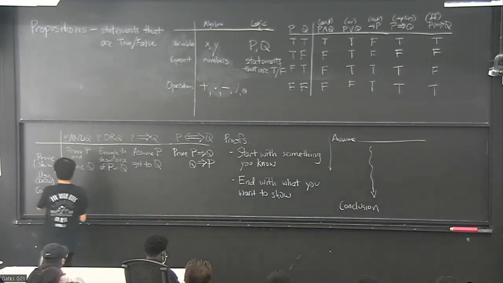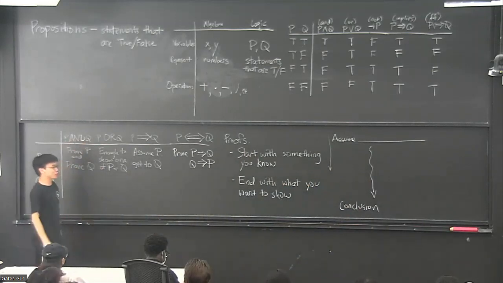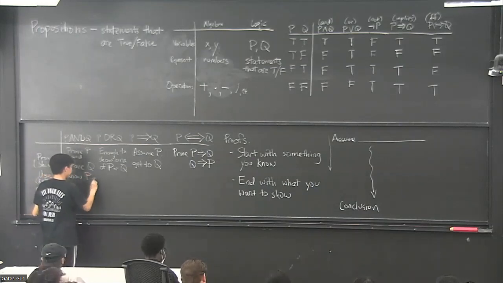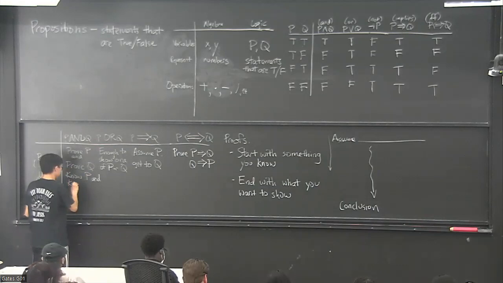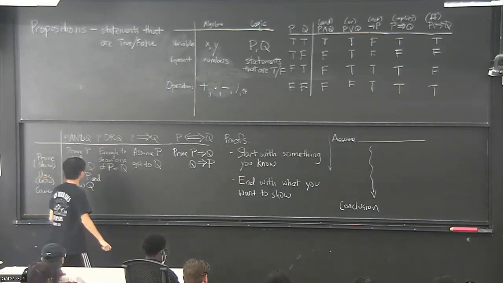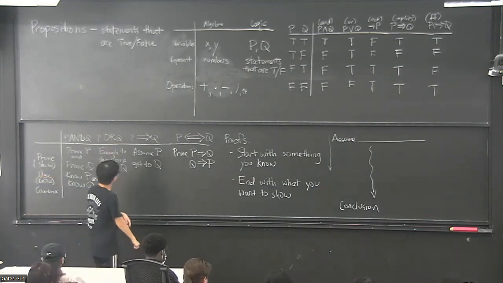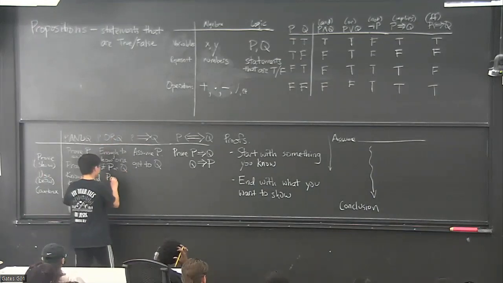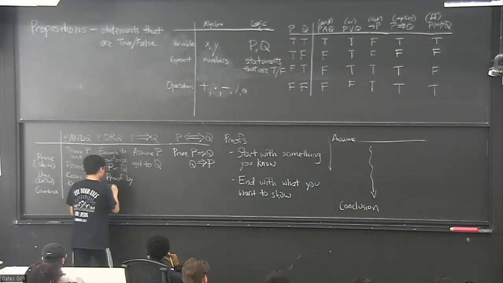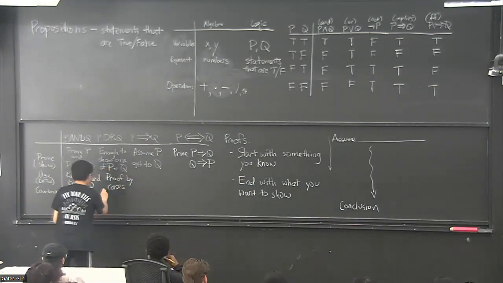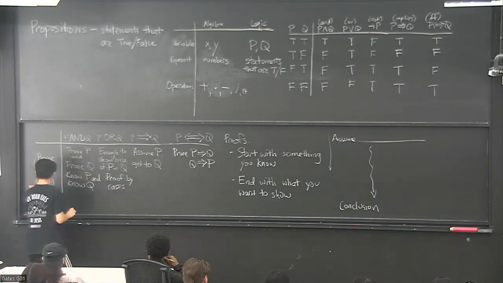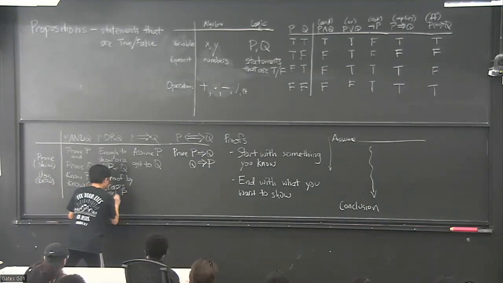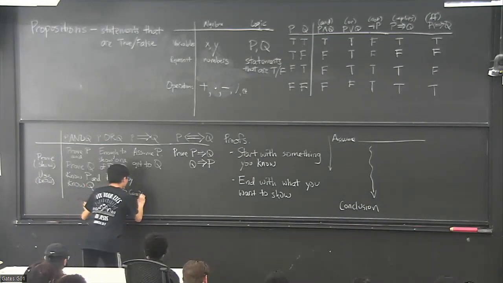If you already know that P and Q is true, that means you already know P and you know Q. If you only know P or Q is true, then this is probably a proof by cases. So case 1 is P, case 2 is Q.